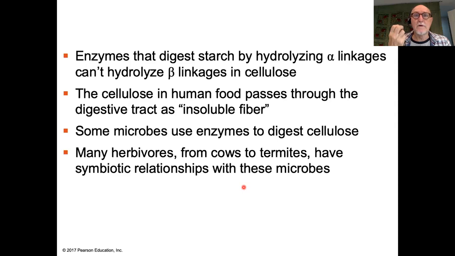It would be very wasteful if they simply voided all their cellulose as dietary fiber. In fact, it wouldn't work for them. They can't get enough nutrient out of plant cells on their own to survive. They have to have systems to digest the cellulose. And what these animals do is they have dedicated areas of the gut. Their guts are specialized to house microbes, which will in fact digest cellulose.